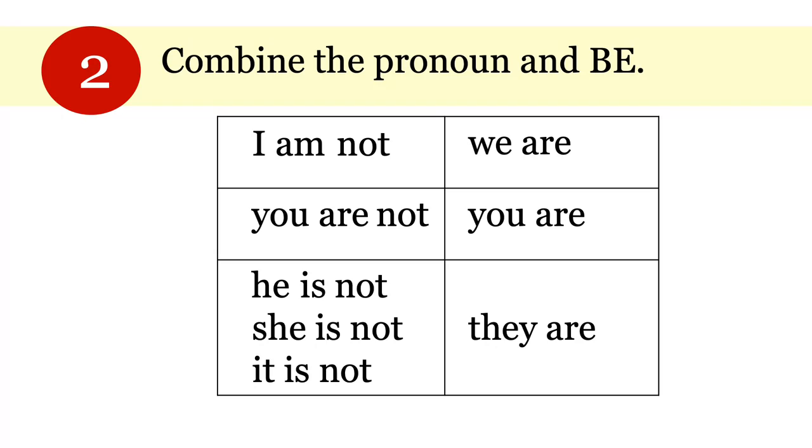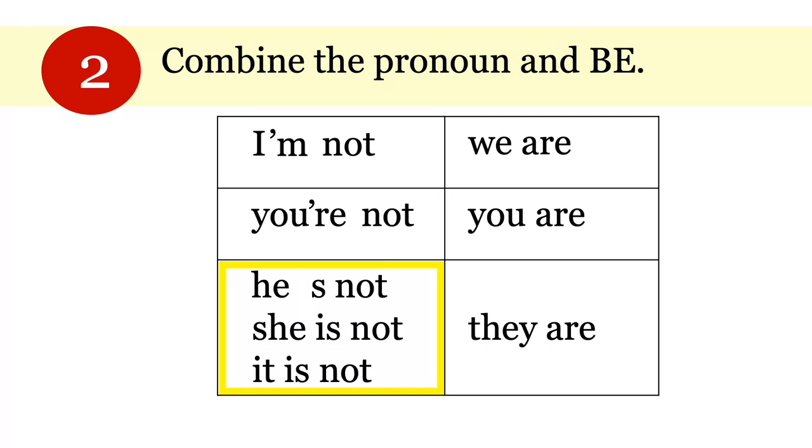The second way is to combine the pronoun and be. You already saw this with the be verb chart. Look at I am not. Remember, drop the A, push it together. Don't forget the apostrophe. I'm not. You are not. Same thing, drop the A, make one word. Don't forget the apostrophe.